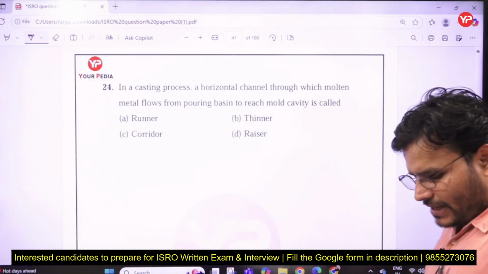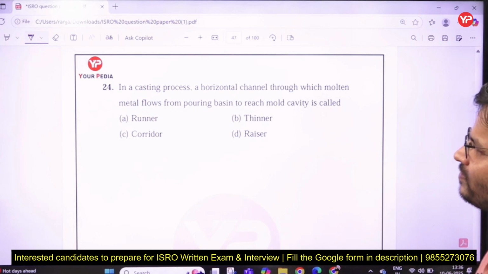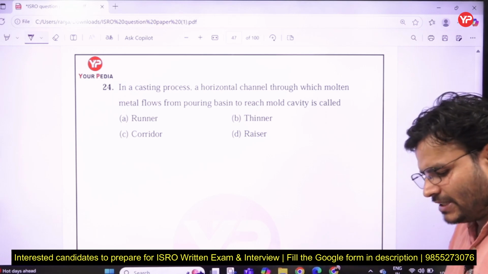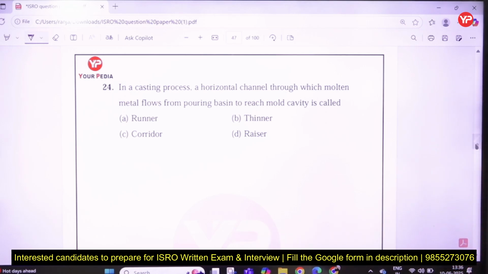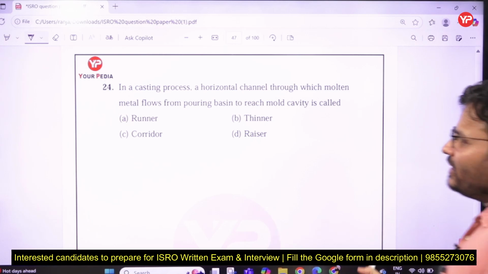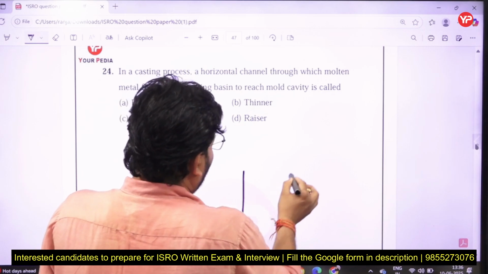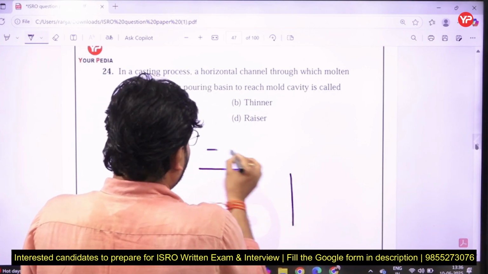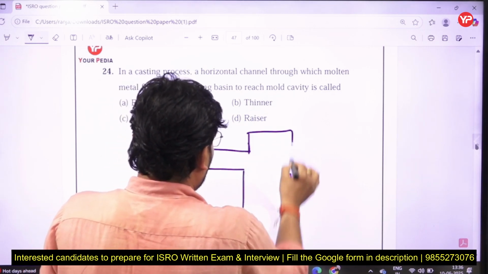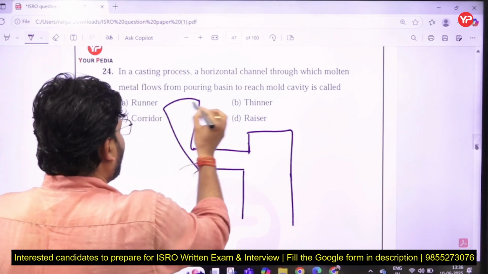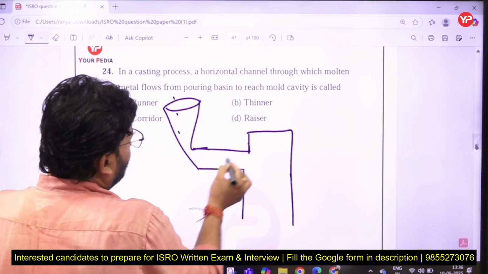Now, in a casting process, a horizontal channel through which molten metal flows from the pouring basin to reach the mold cavity is known as what, my dear friends? Simply, suppose that is the cavity, and you are going to pour the molten metal.